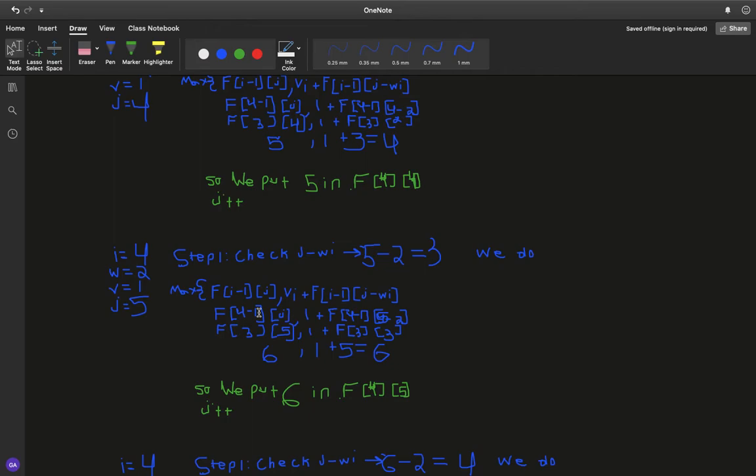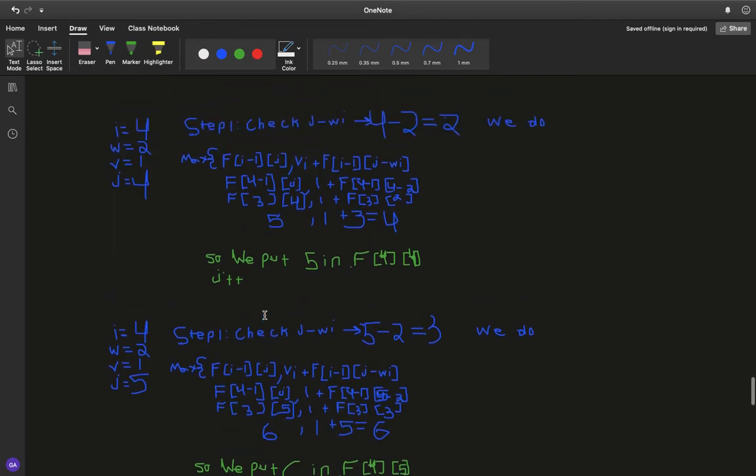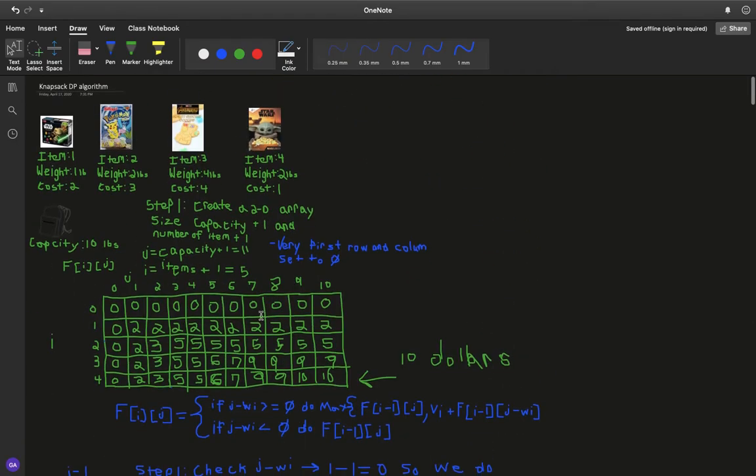The only thing changing is j. j is now 5, so we check f sub 3 of 5, which ends up being 6, and f sub 3 of 3 ends up being 5. 5 plus 1 is 6, so right here they're both 6, so we put 6 in f sub 4 of 5. So f sub 4 of 5 is 6.